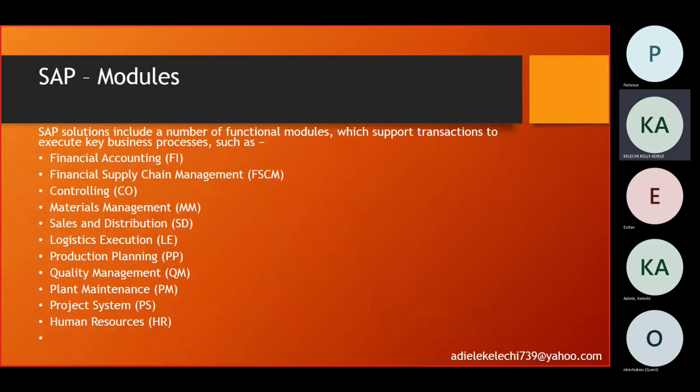So for SAP modules, we have a lot of modules. We have finance, we have financial supply chain management, we have controlling, we have materials, we have SD, depending on where your interest is, right? So this is just to expose you to the fact that we have more modules, a lot more. So these are the key modules, also for your knowledge sake.